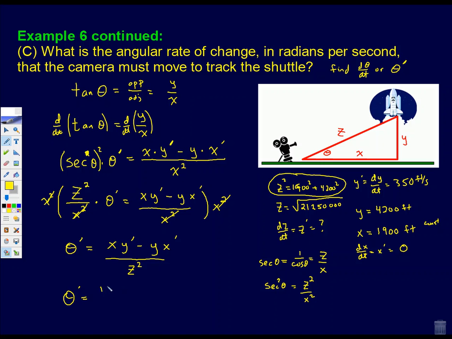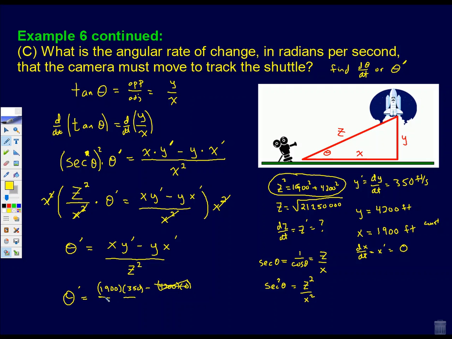So x is 1,900 feet. y prime is 350 feet per second. y is 4,200, but don't forget we're multiplying that times 0, so I don't have to look at that anymore.